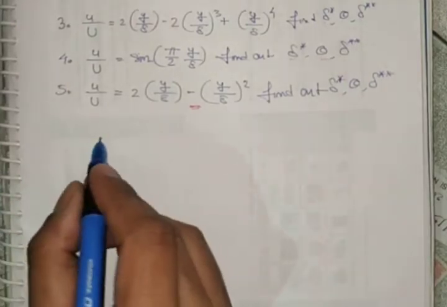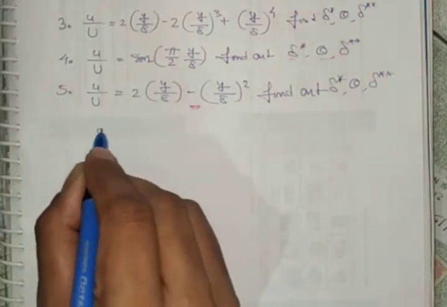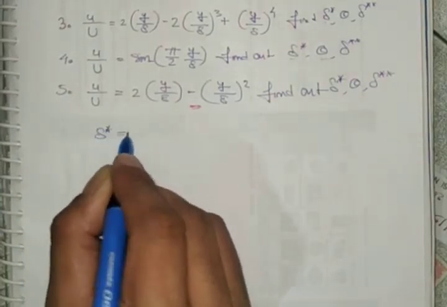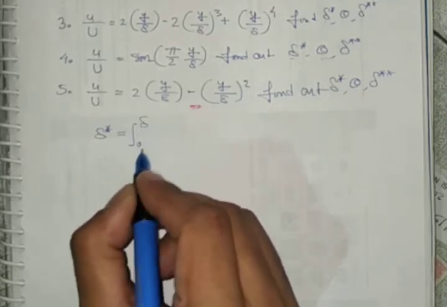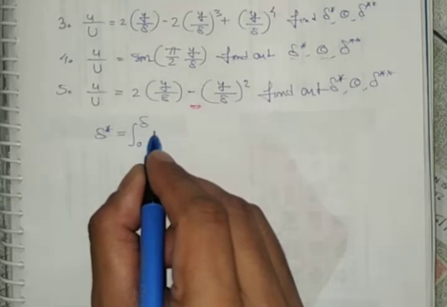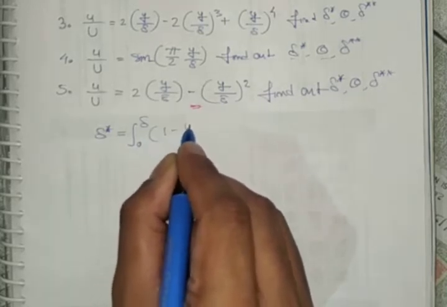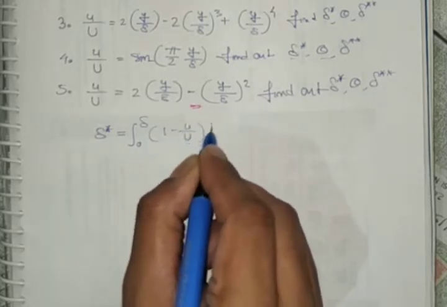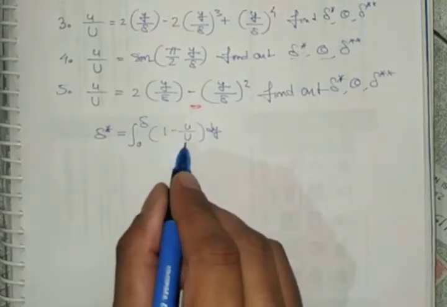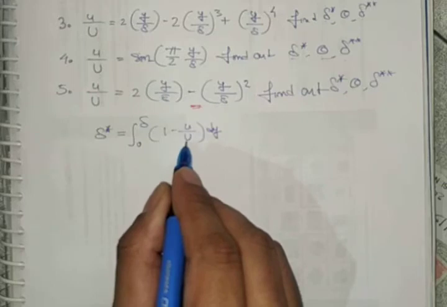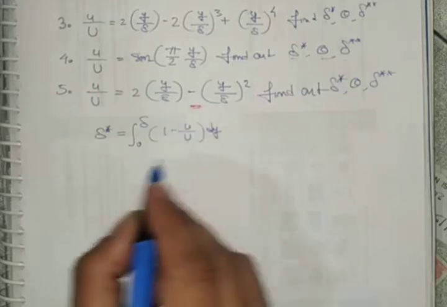So here, as you know, delta star is given by the integration of 0 to delta of 1 minus u by capital U, dy. Now put the value of small u by capital U in this equation.